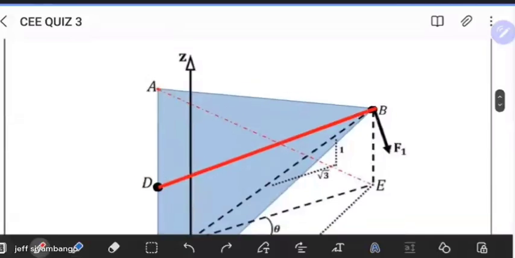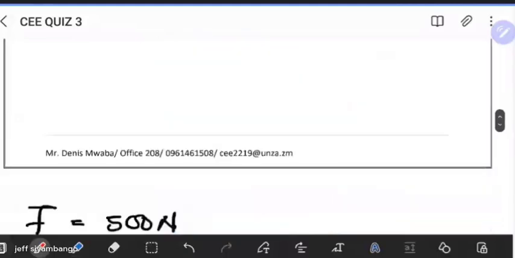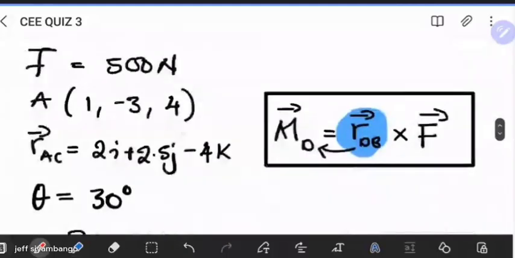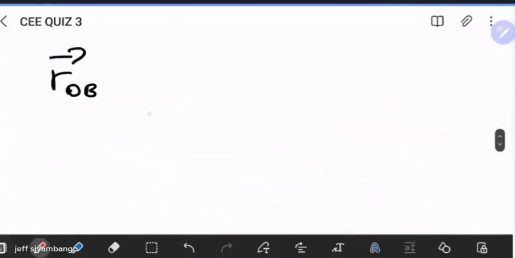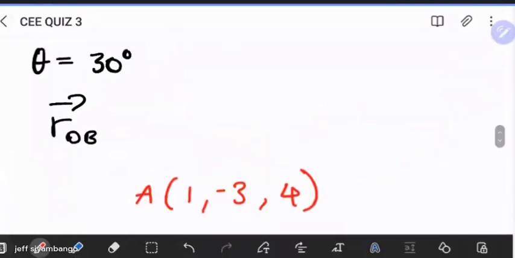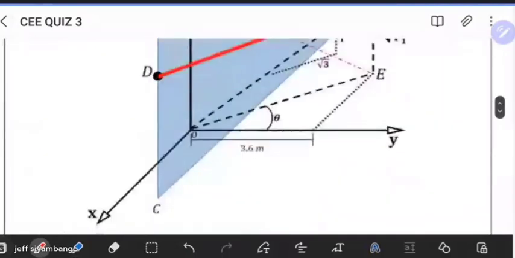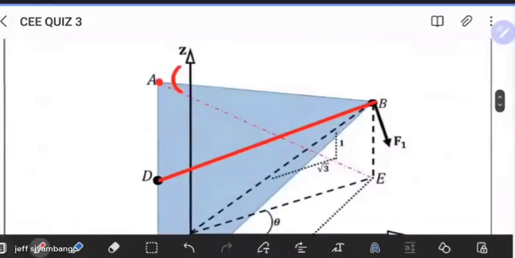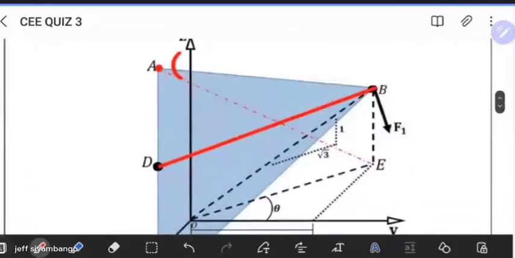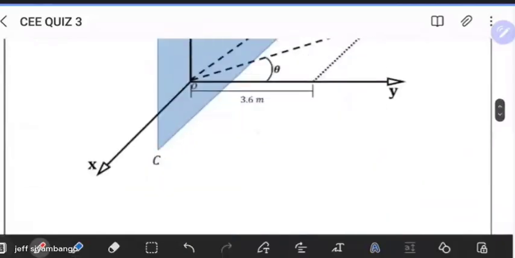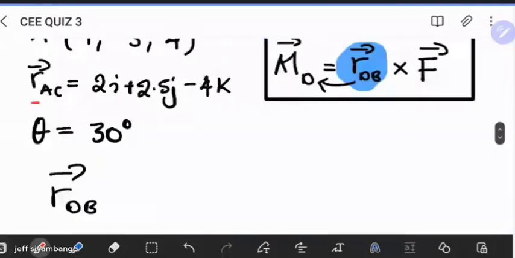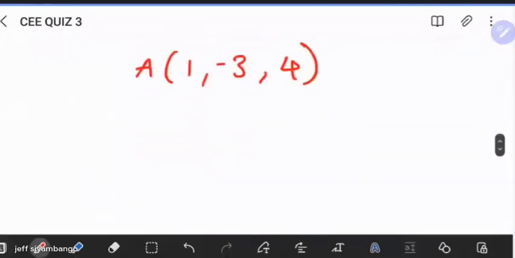The question gives us the coordinates of A, and according to the question, we have A as (1, -3, 4). This is what A is. Next up, the only other thing they give us, they don't give us C, they give us the displacement vector from A to C. So they give us RAC, and that is specified here.